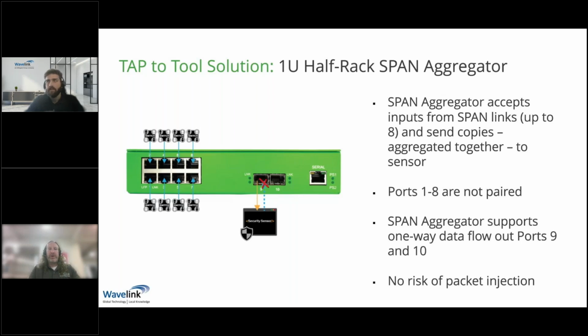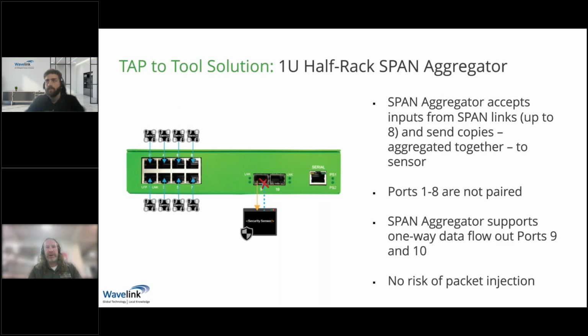So, we do have data diode solutions, but we've also combined, which is really effective for customers, the ability to bring in span traffic and aggregate that to your security sensor, but also having the data diode functionality built in.